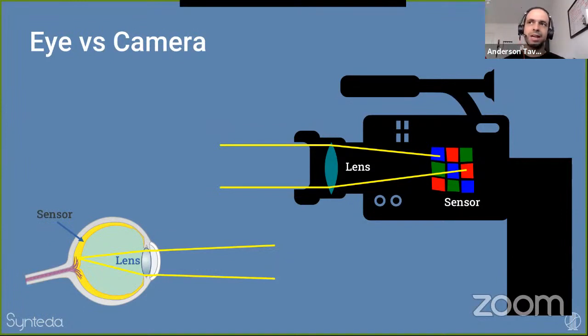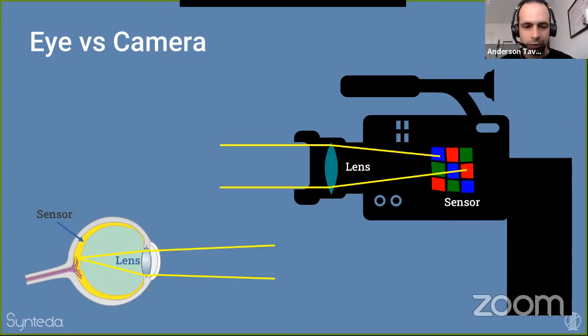What happens in the eyes also happens in the camera, so there are similarities, but also differences. One similarity is that the camera has a lens and a sensor, and in the eyes we could think of the retina as a sensor itself. So the eyes also have a lens and a sensor.